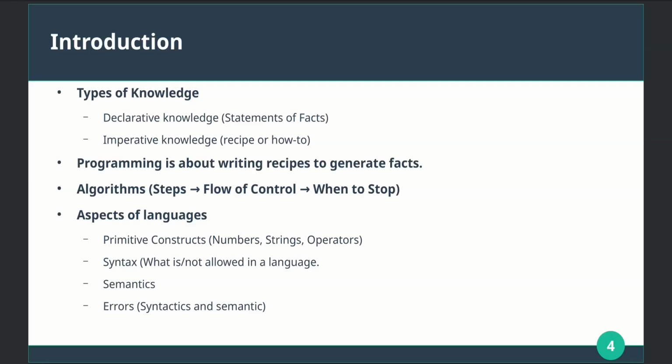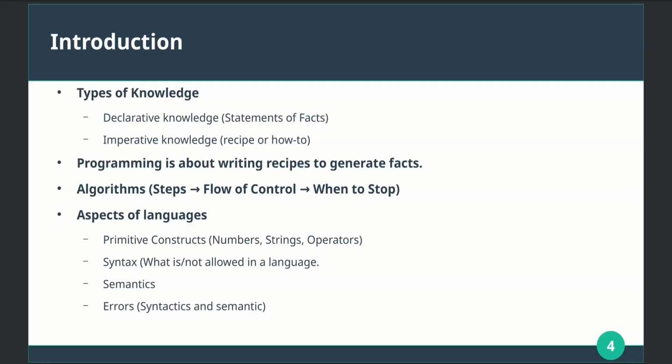Declarative knowledge is statements of facts, while imperative knowledge has to do with more of a kind of recipe or how-to. Declarative knowledge has to do with describing what should be done, and it focuses more on the result or goal, and it is usually easier to understand.